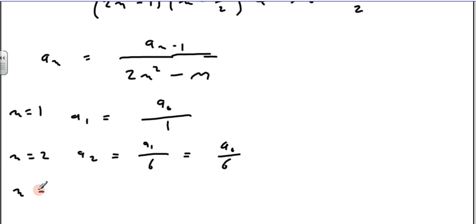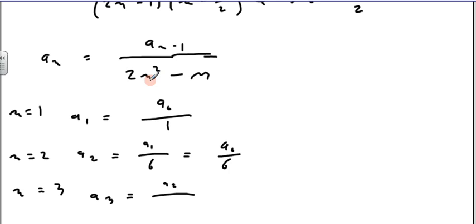And at n is equal to 3, I have a3 is equal to a2 over 9 times 2 is 18. 3 squared is 9.